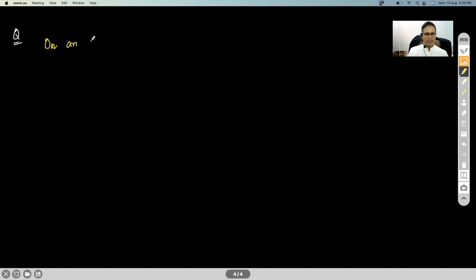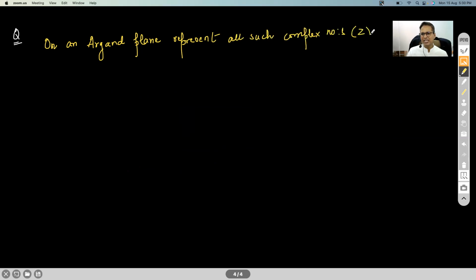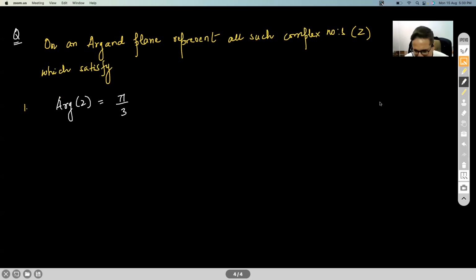So on an Argand plane, represent all such complex numbers, let me call them Z, which satisfy, first question, argument of Z is pi by, let's say, 3. Make this on the Argand plane.